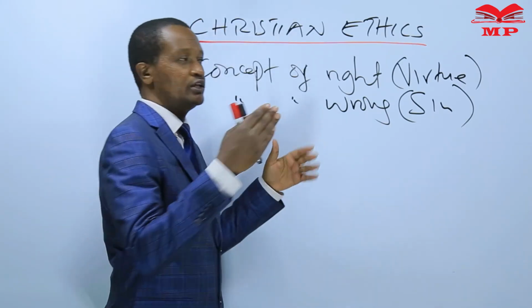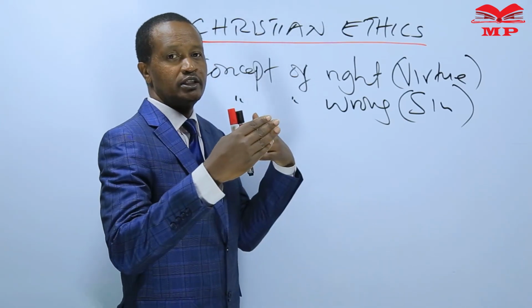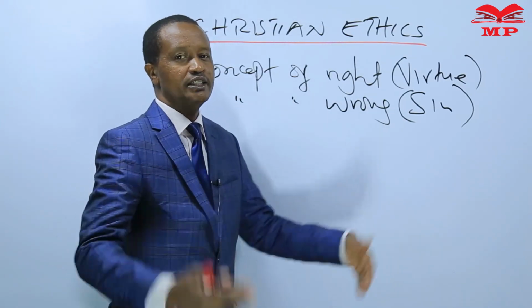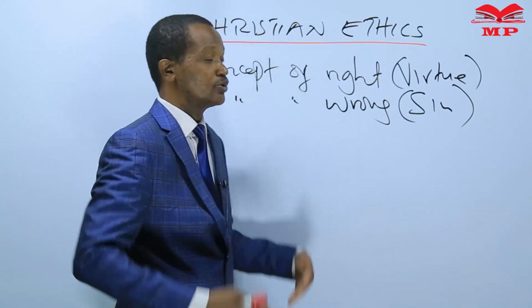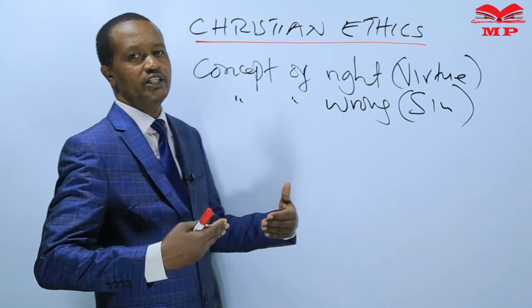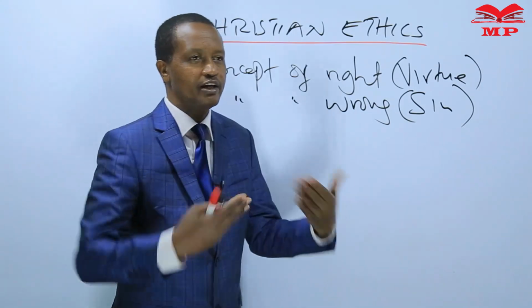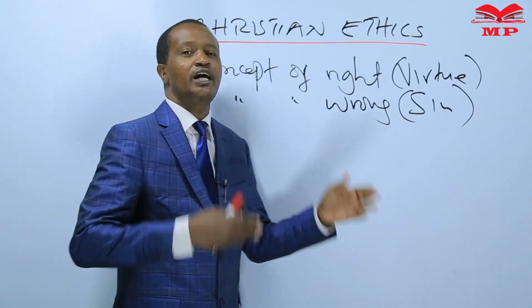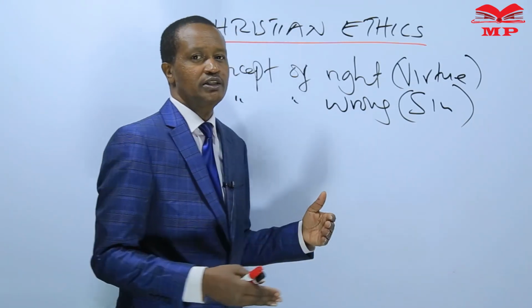So it is within the Christian teaching to bring out some of the consequences of our actions. And the full knowledge of the consequences of our behavior will determine how we make our choices.